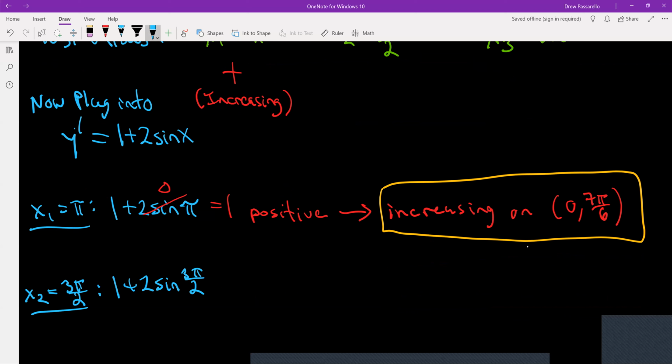And what is sine of 3 pi over 2? Sine of 3 pi over 2 is negative 1. So this will be 1 plus 2 times negative 1, which gives me negative 1 because it's 1 minus 2. But the point is that's negative.